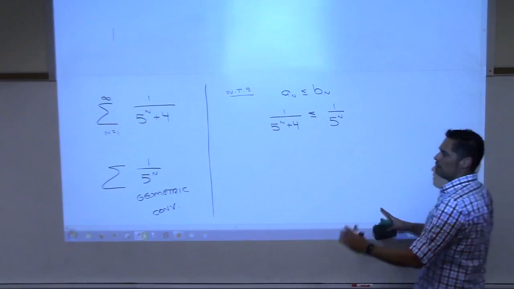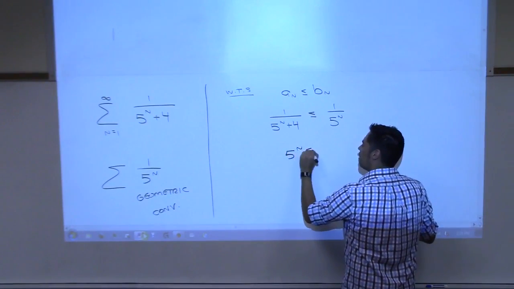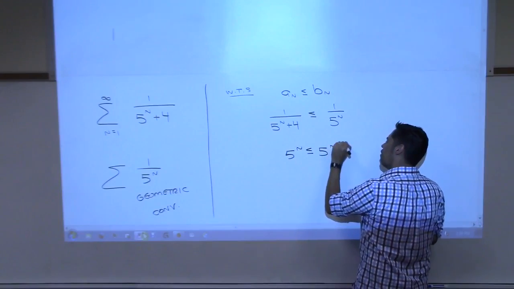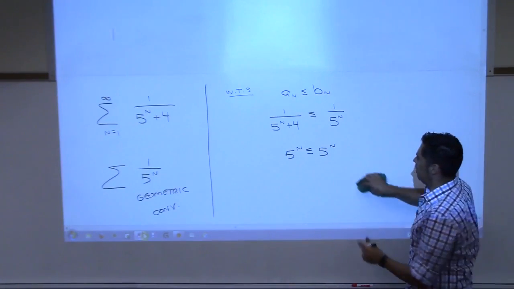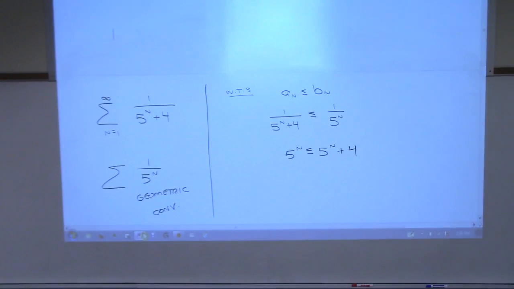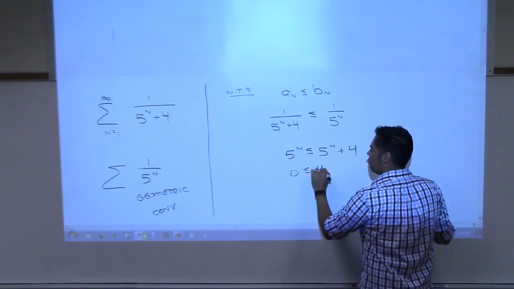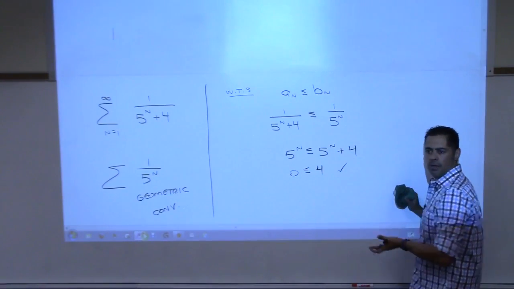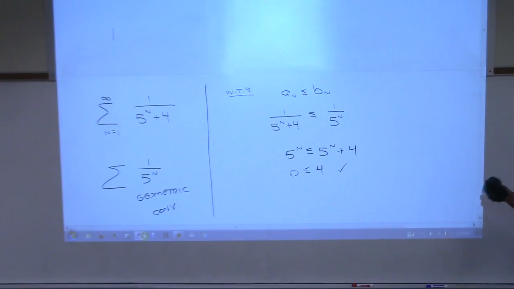Cross multiply. 5 to the n less than or equal to 5 to the n plus 4, right? I don't know why I put plus 4 up there. It needs to be out here. Subtract 5 to the n on both sides. 0 is less than or equal to 4. Done. Very, very straightforward. No issues. Conclusion? That converges.